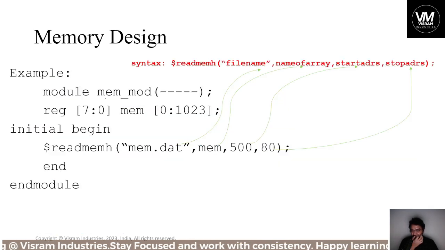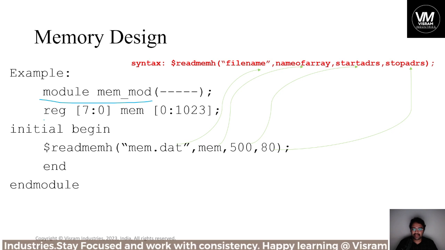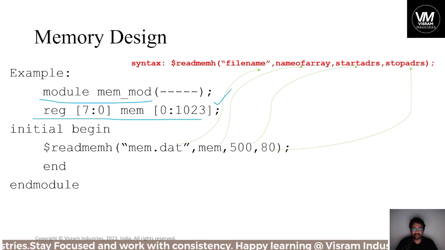Now come to the example for initialization. For example, you have a memory module and reg mem with 0 to 1023, so you have 1024 locations of address, or 1024 registers of arrays.